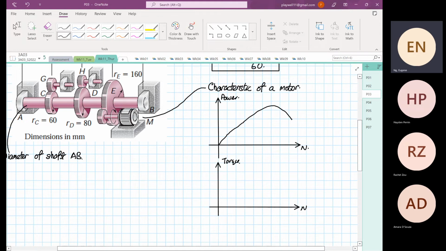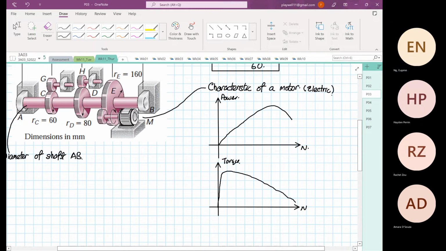So what you usually see is you have a peak point very quickly. And now this is for an electric motor, okay. A combustion engine can be different. The torque will go up very high, very quickly, and then it will go down.